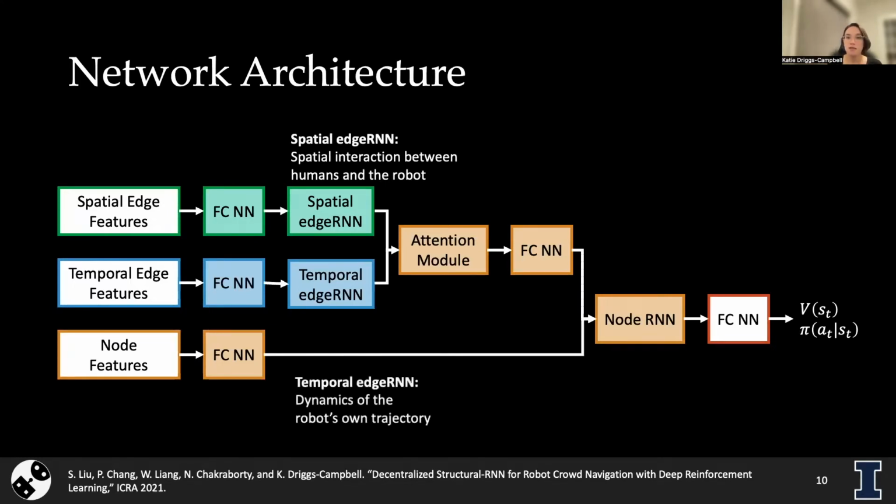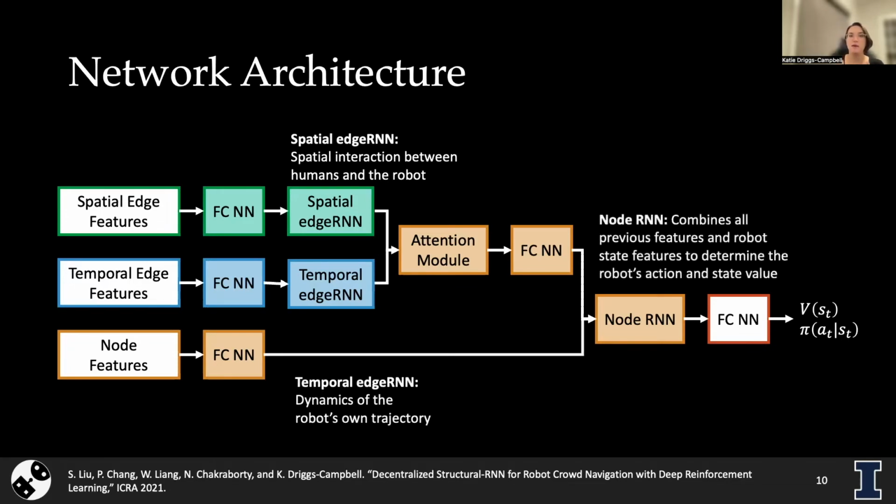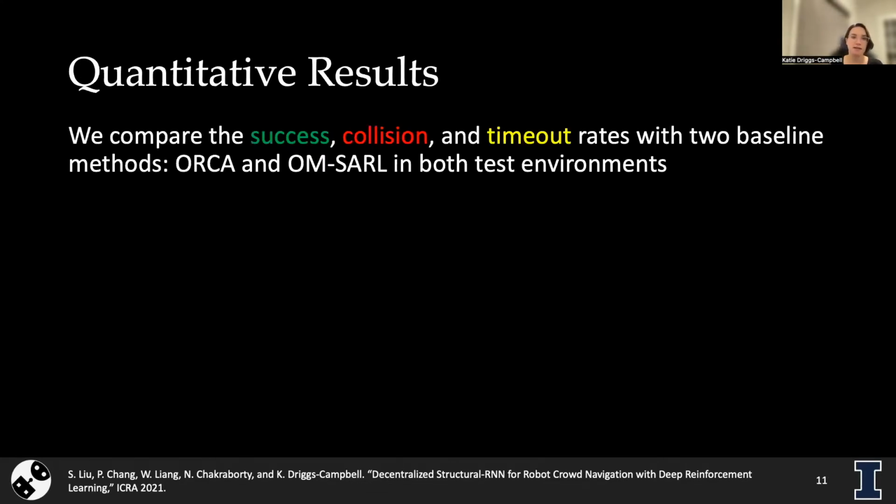We learn the dynamics of how the robot interacts with the different agents, and then we combine this all together to determine what the best action is in this traditional model-free reinforcement learning take on things. This really simplifies the overall pipeline, allows us to avoid converging to suboptimal policies too early, and ultimately has good performance in the crowd navigation task.